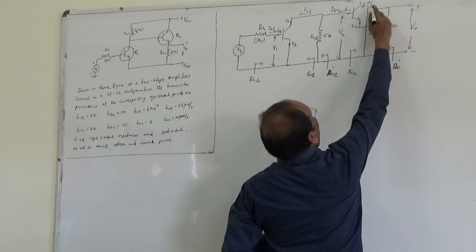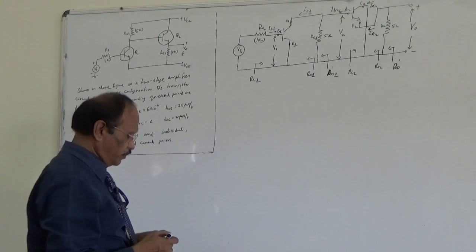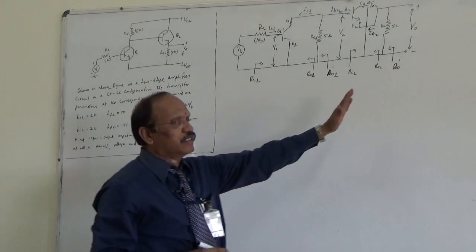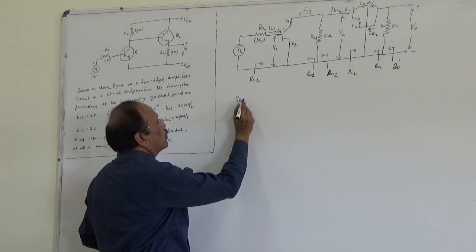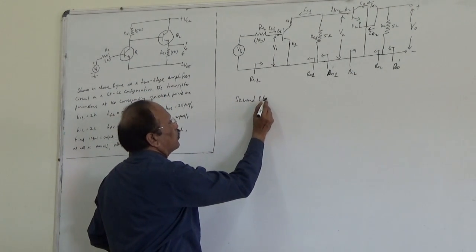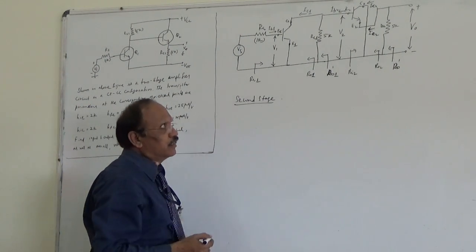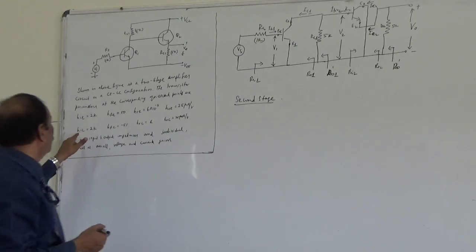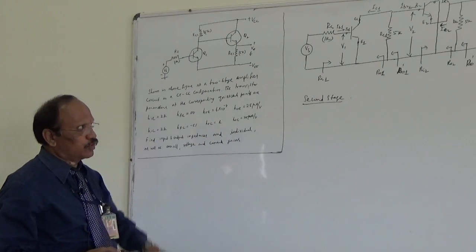Now we have to determine these parameters. As I mentioned, we have to start from the second stage, which will be more convenient. You know the second stage is a common collector configuration, so I have to make use of only the parameters HIC, HFC, HRC, HOC.